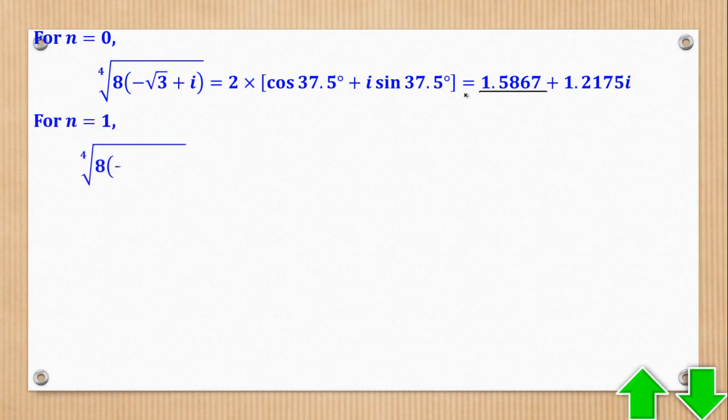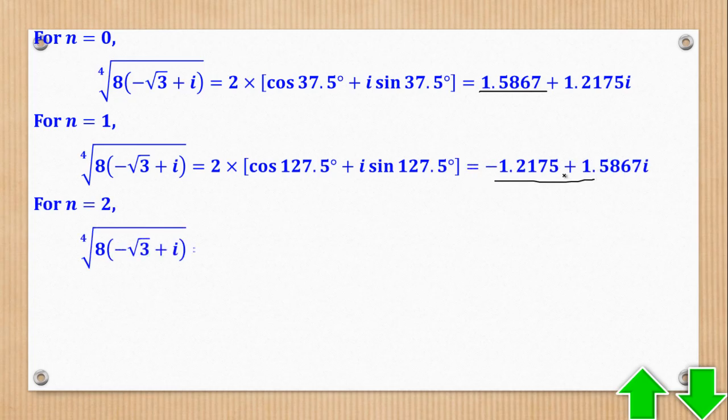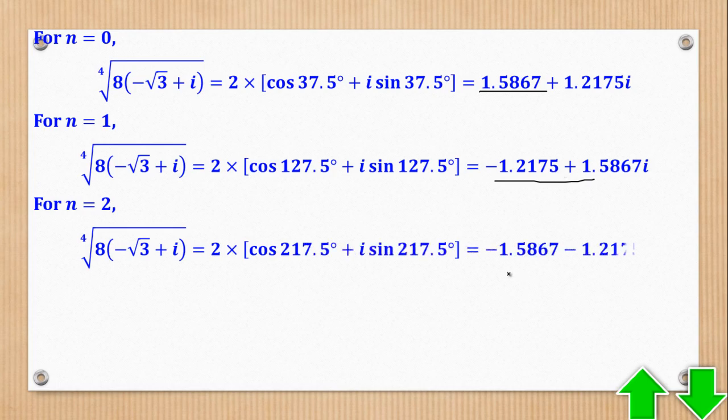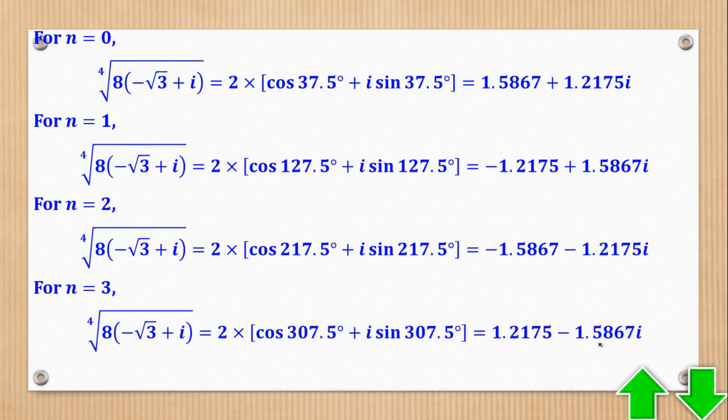Then for n equal to 1, you come up with this as the second root. For n equal to 2, you come up with this as the third root. And for n equal to 3, you come up with this as the fourth root. They ask for 4 roots, so that's where you stop.